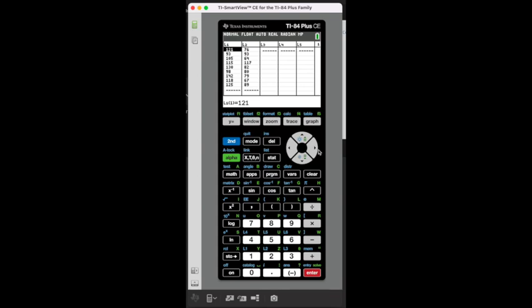Once you enter those values, instead of calculating all those differences by hand, what you can do is highlight your L3 column, and then in the name where it says L3 and it's highlighted, you can actually put L1 by choosing second one and accessing the L1, and then I'm going to put in minus L2.